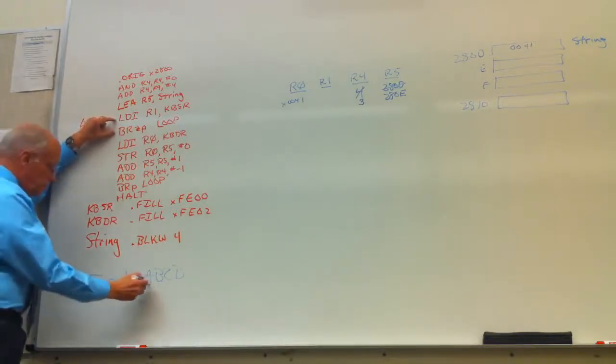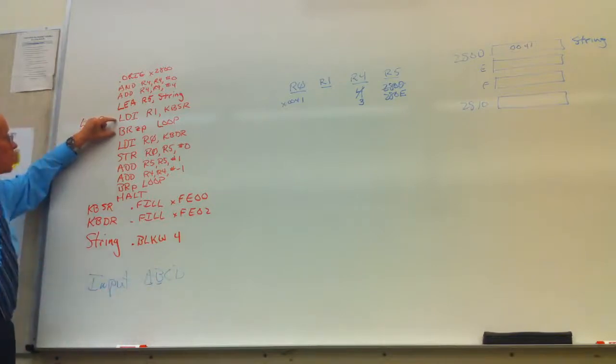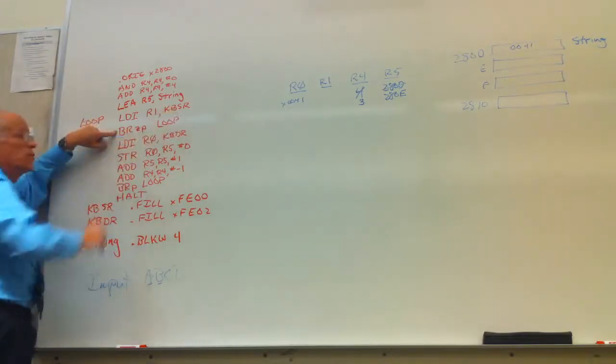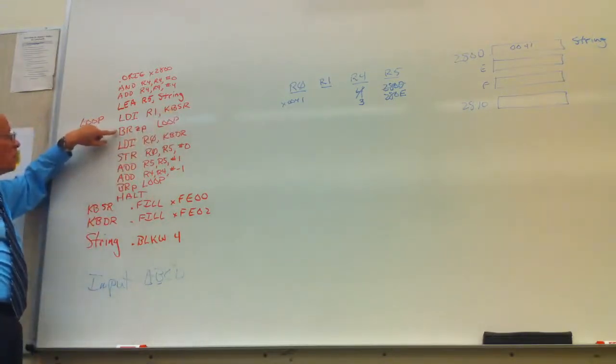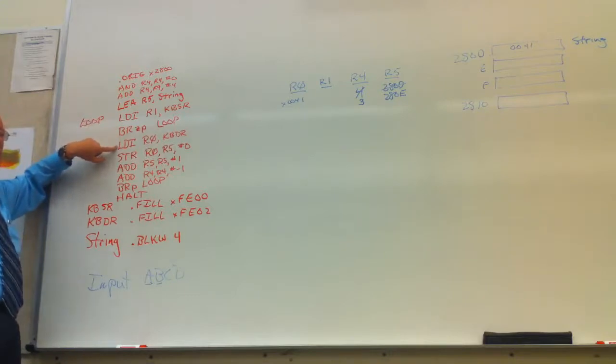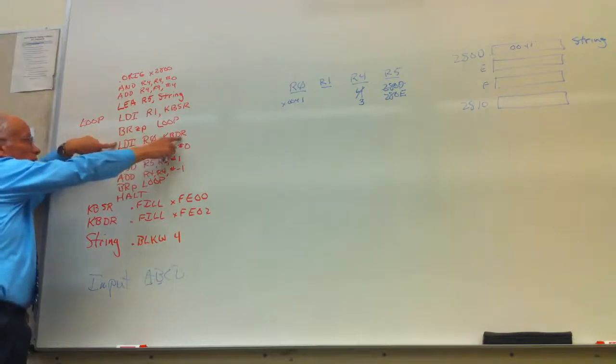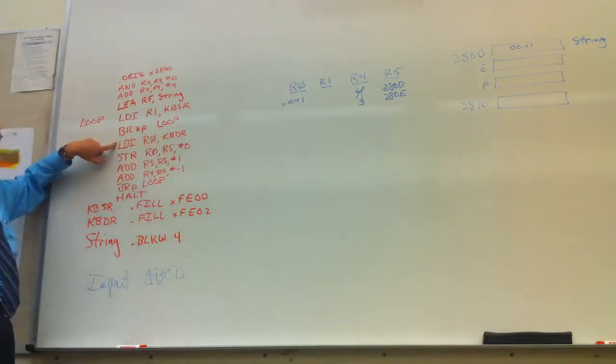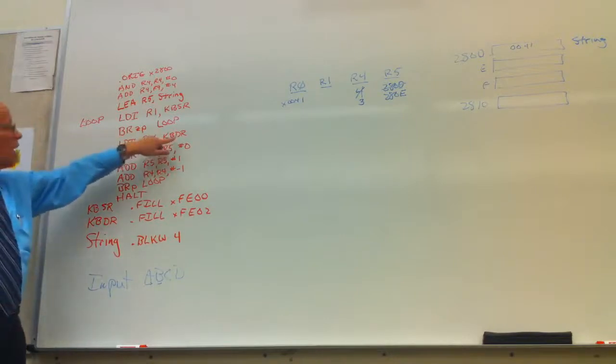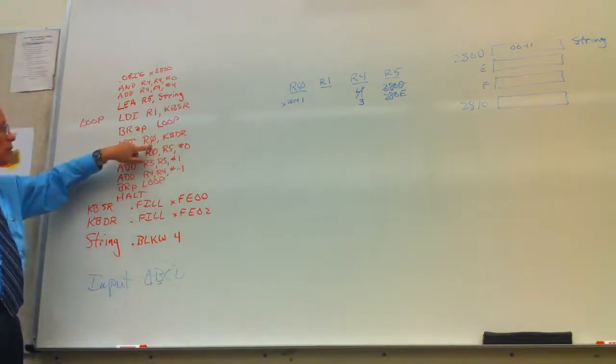When old Slowpoke out there hits the B, then all of a sudden that status bit changes to a 1. The contents of this thing will now be negative. It will not branch, and we go down to here. That thing going negative says there's new data in the data register. That's really what it says. So we copy that into register 0.